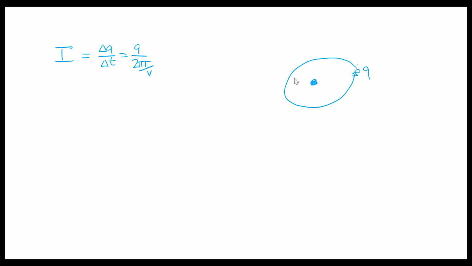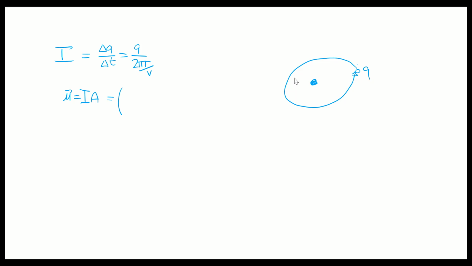If we want to look at the magnetic moment of a current carrying loop, that you should remember from intro physics, it's just the current times the area of that loop, right? The area would be pi r squared, and we just calculated the current.